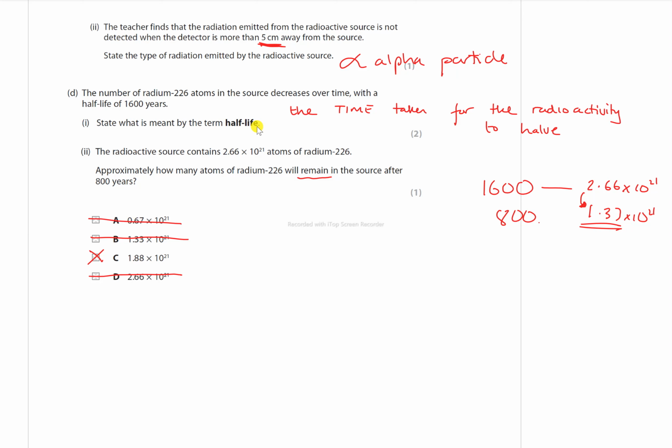That's double. That's the second cycle of the decay. So that's the only valid one, where you've lost a quarter, not half, because it's only 800 years.